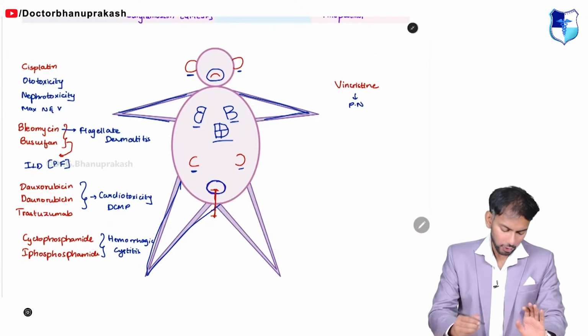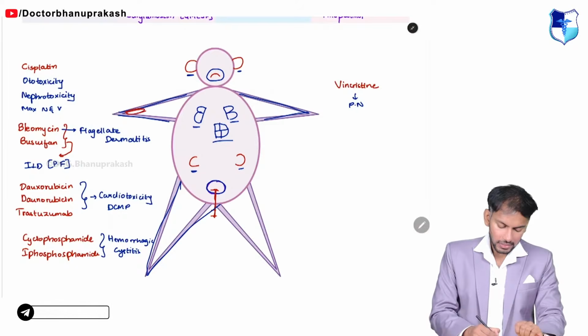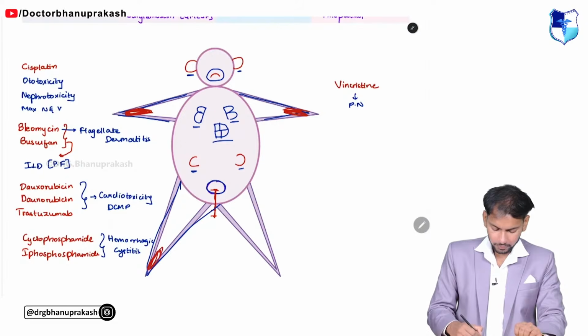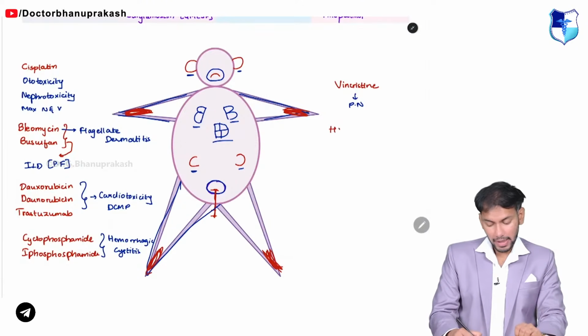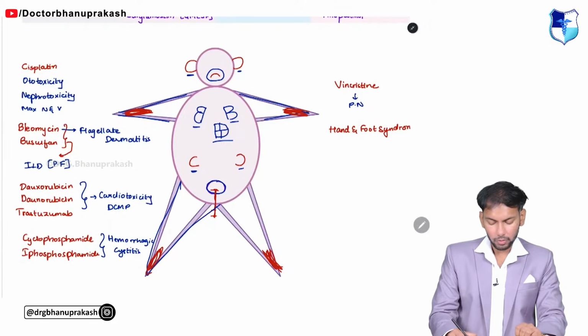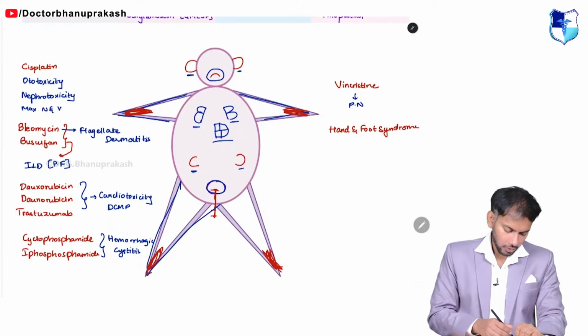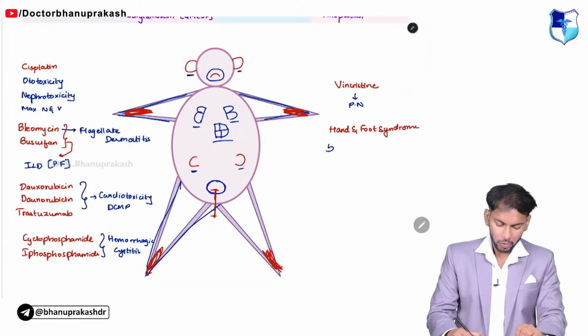And then there is one peculiar syndrome which will cause a desquamation of hands and foot. Hands and foot desquamation is known as hand and foot syndrome. Desquamation means peeling of skin. If the skin is being peeled off, you will get frustrated. When you are frustrated, what would you say?